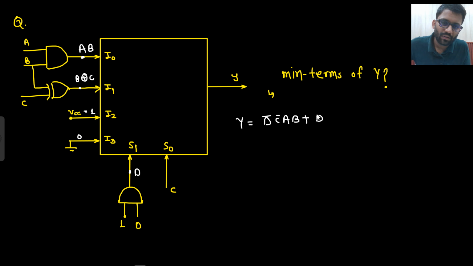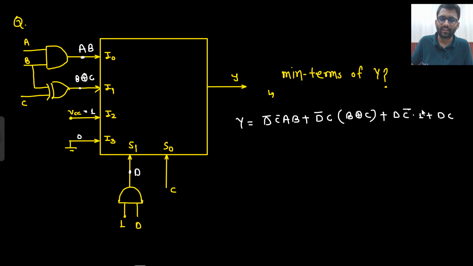If D is not there and C is there, that is 0 1, then this will come, that is B XOR C. Plus, if D is there and C is not there, then 1 would come. And if both D and C are there, then 0 will come. So this is the final expression.